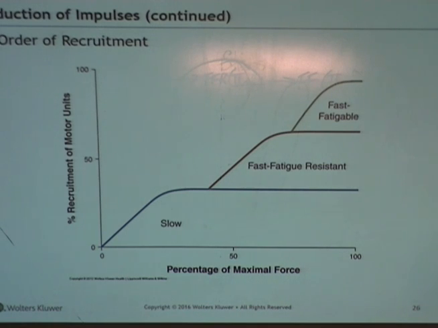So knowing how fast I have to get out of the blocks to beat everybody else, or knowing that I'm not that fast out of the blocks, but I'm really fast in the last 10 meters, so I can catch everybody up.